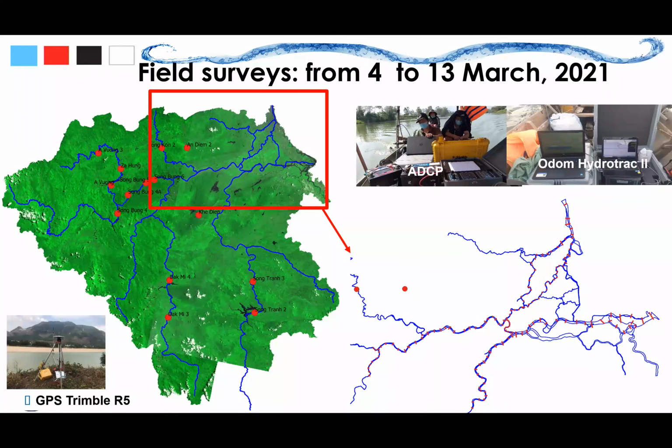So we have conducted several field surveys. This is one of the important things that we have to do, because sometimes there is no available data, so we have to create and collect our data by ourselves. We conducted a bathymetric field survey at most of these cross sections, as you can see, along the rivers themselves, in both rivers. This is Vu Gia and this is Thu Bon, and in between there is a one-way channel.